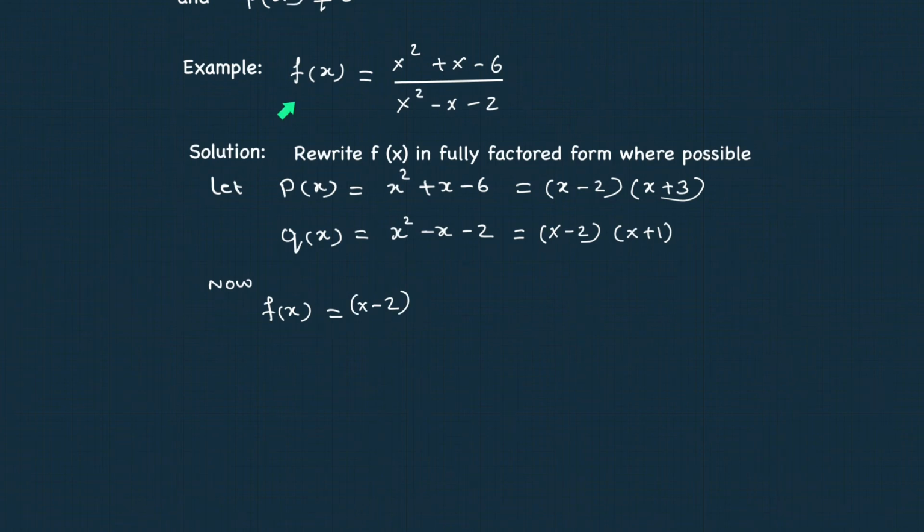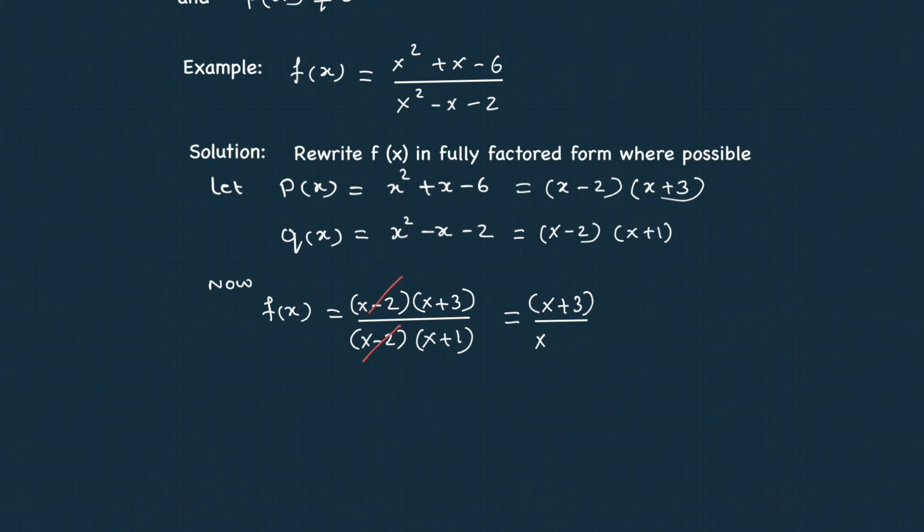Now rewriting f of x, we have f of x equals x minus 2 times x plus 3 divided by x minus 2 times x plus 1. Now cancelling out the common factor x minus 2, we have x plus 3 divided by x plus 1, where x is not equal to 2 and x is not equal to negative 1.